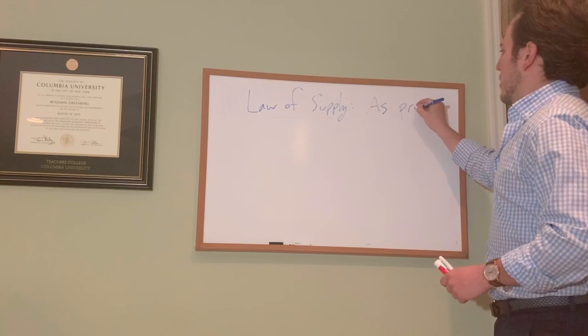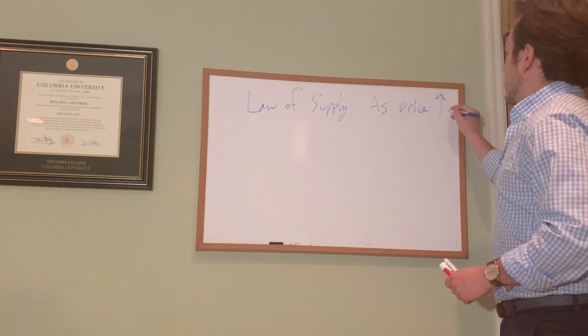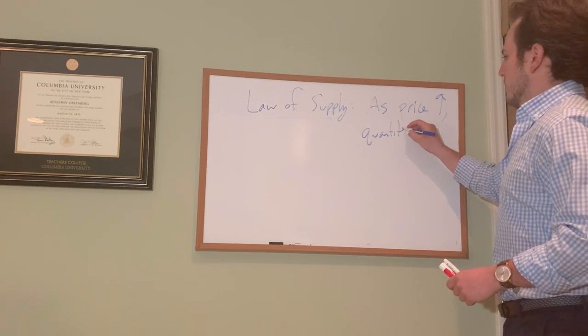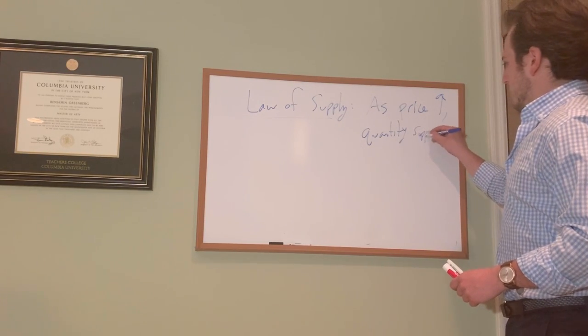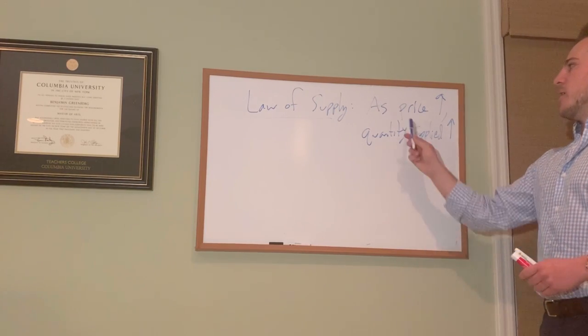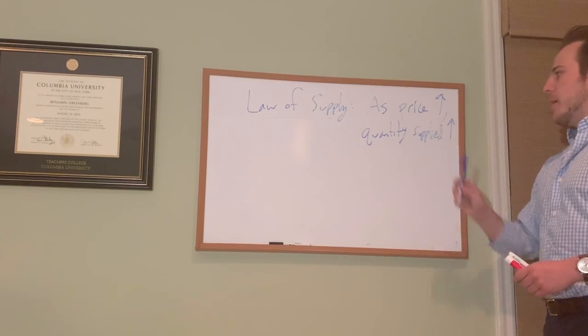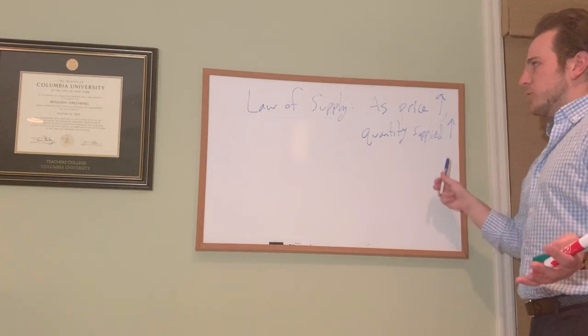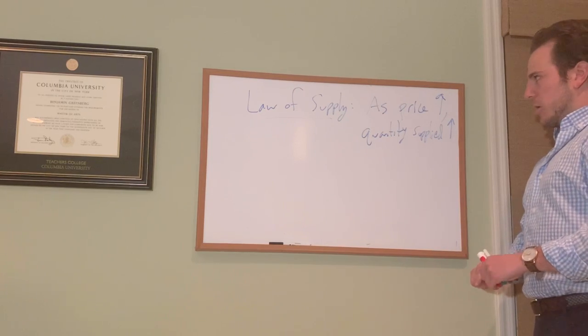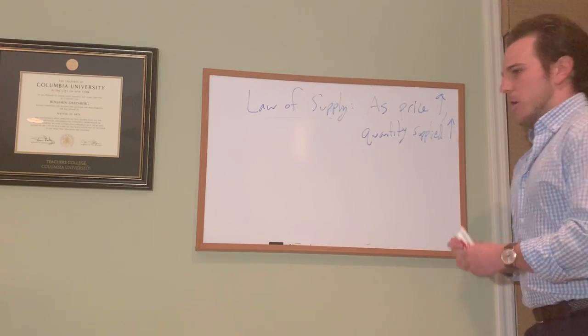As price increases, quantity supplied increases also. All right, as price increases, quantity supplied increases. They have a direct relationship when we're talking about supply. They have an inverse relationship when we're talking about demand.